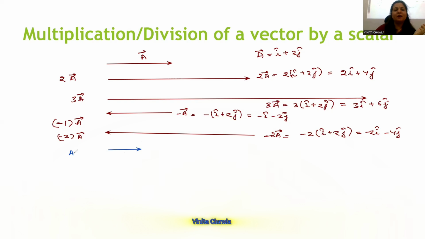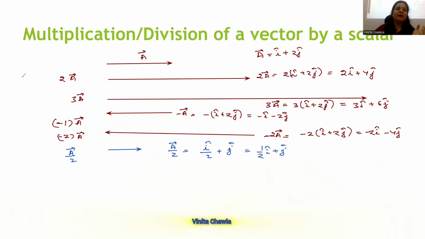So this vector is vector A by 2, and we can write vector A by 2 is equal to i cap by 2 plus j cap, half i cap plus j cap, right? So direction is not changing, only the magnitude is changing in this case.